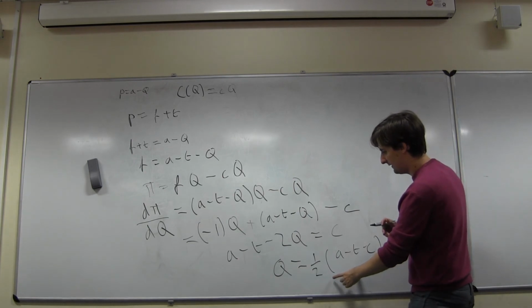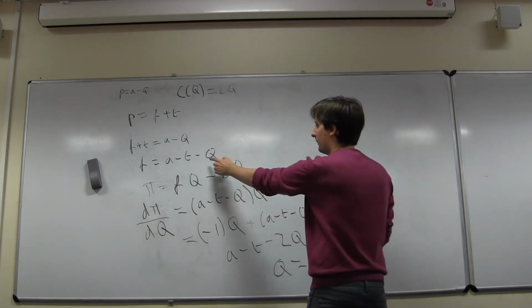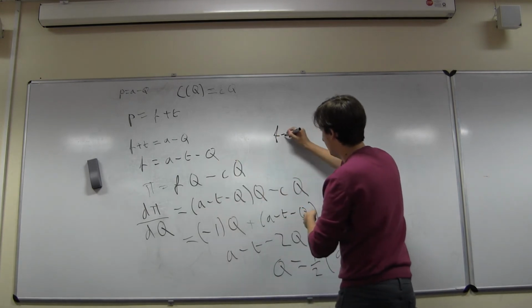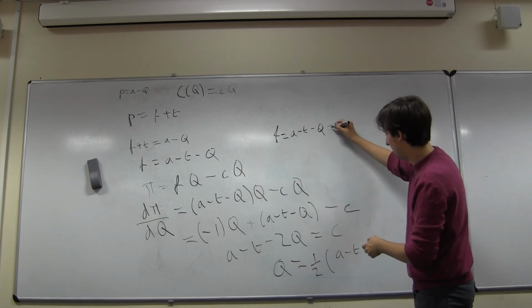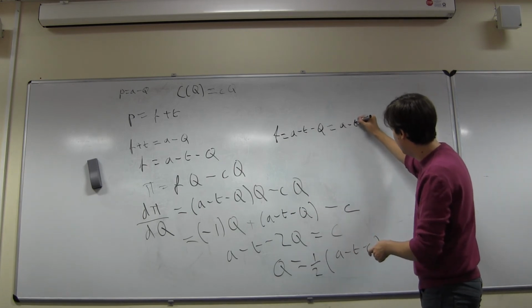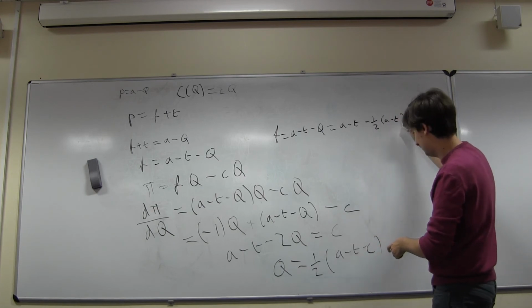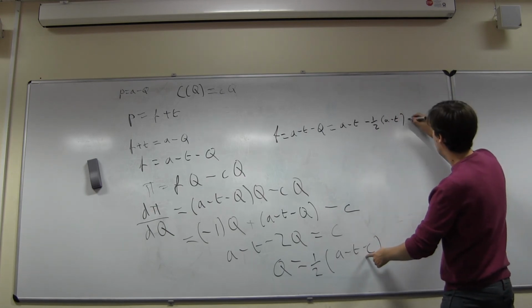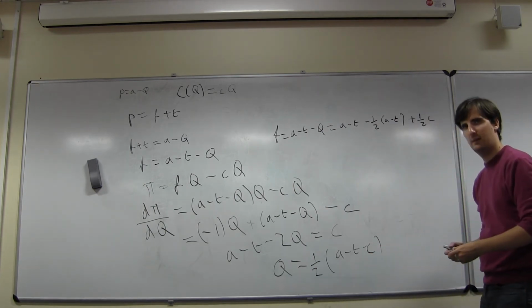So this is the quantity, and we can plug that in to get the price set by the firm. So F is A minus T minus Q, which is A minus T minus half A minus T plus half C.